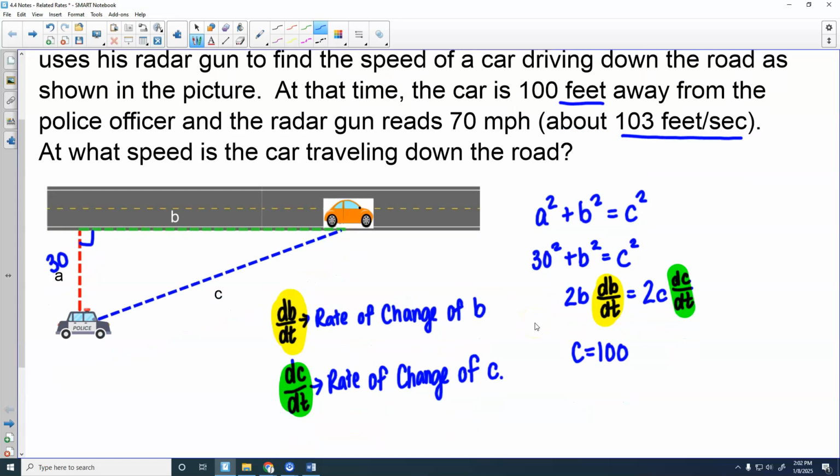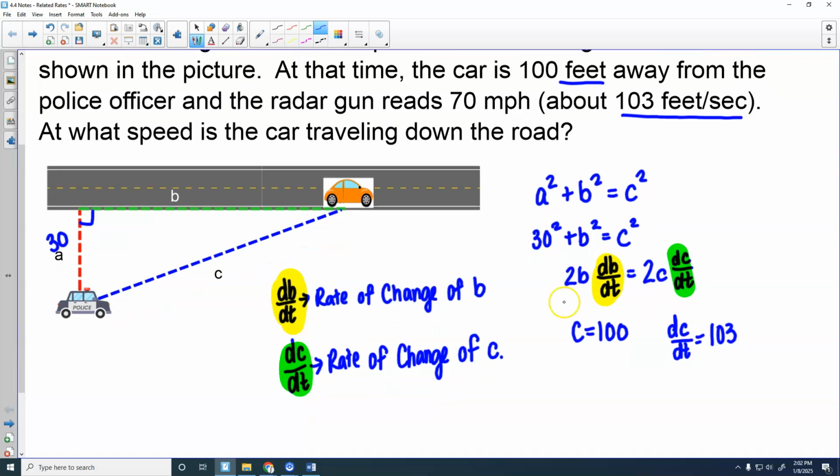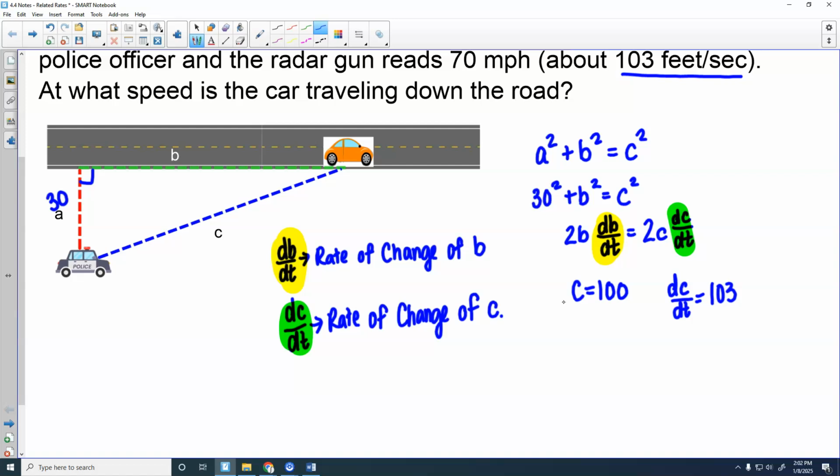So dC/dt at this moment is 103. And again, we want to use the feet per second instead of miles per hour because our scenario is in feet here. Now, if we look at this equation right here, we can plug those things in. So 100 will go right here for the C. dC/dt will go here as 103.